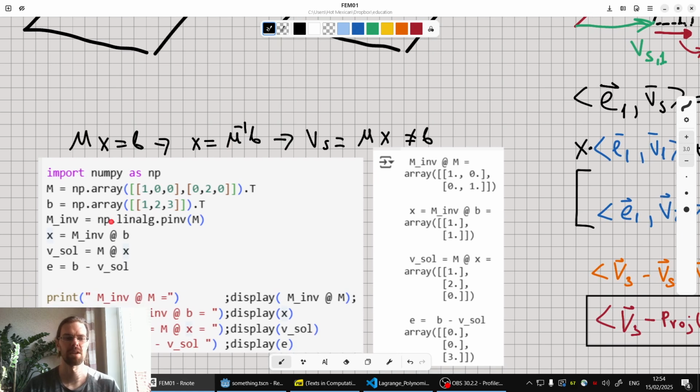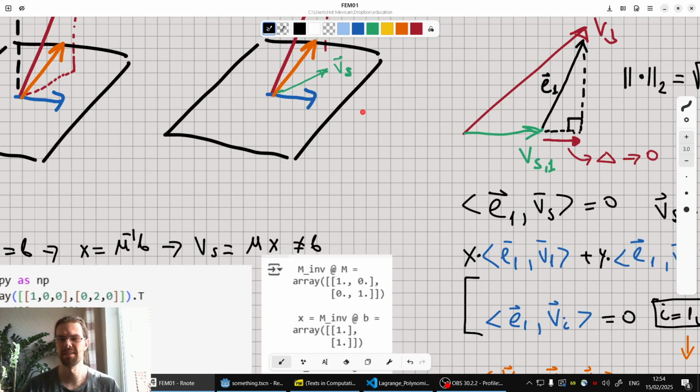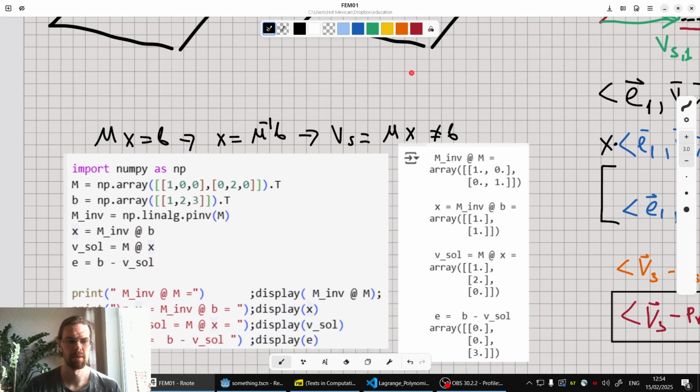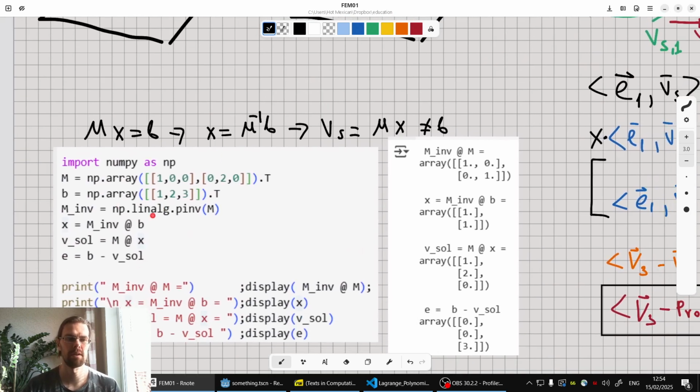So instead we can use the pseudo inverse, and what it does is actually perform this minimization mechanically. Then we get our V solution by multiplying. In a perfect scenario, we would expect it to reconstruct B. But in fact, they are not equal, and so we have some kind of error.